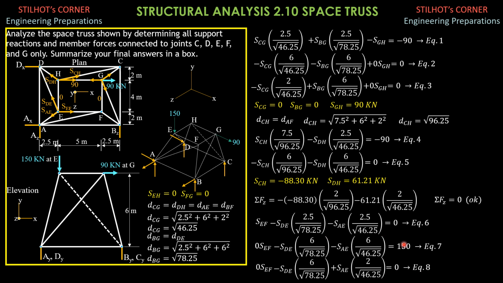Solving equations 6, 7, and 8 simultaneously, we can now compute SEF equals negative 62.5 kilonewtons, SDE equals negative 55.29 kilonewtons, and SAE equals negative 127.5 kilonewtons. On the next slides, let's have this same figure and these partial answers, so that we can use them on the remaining members and reaction forces.